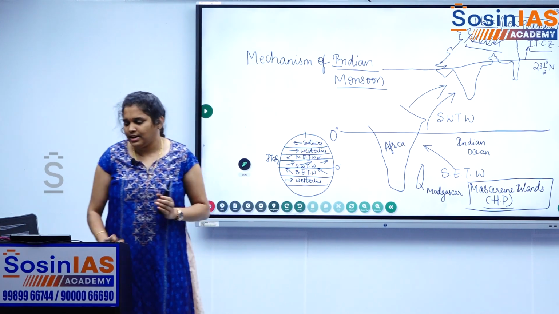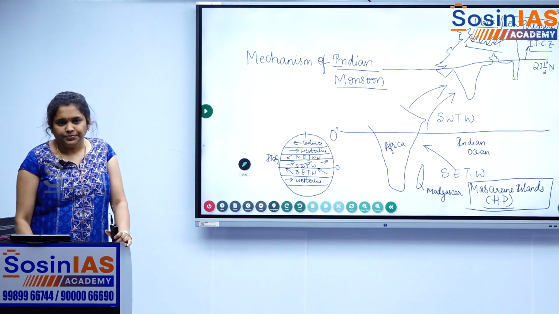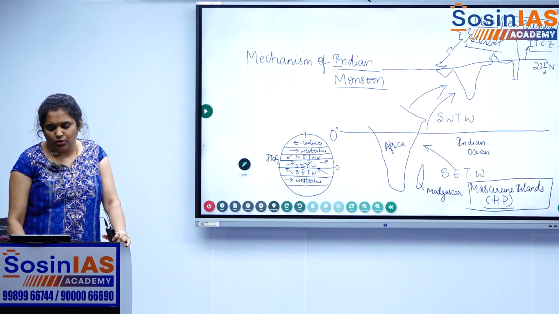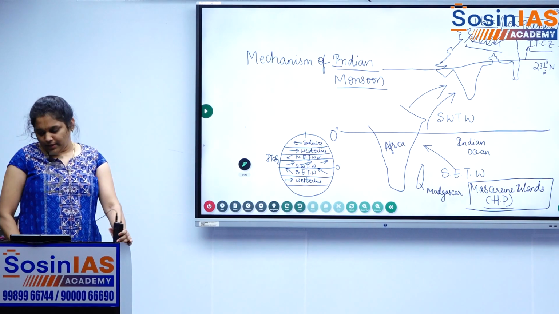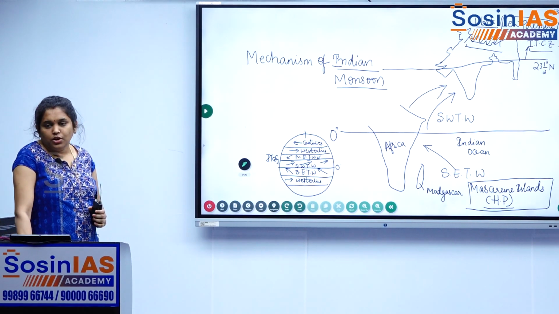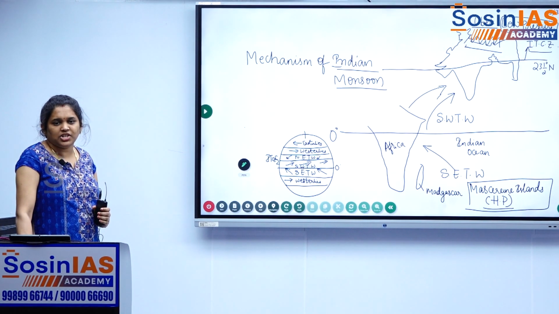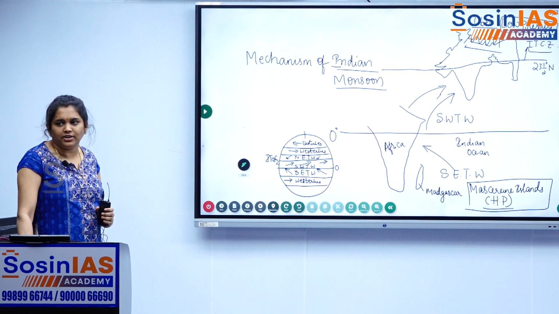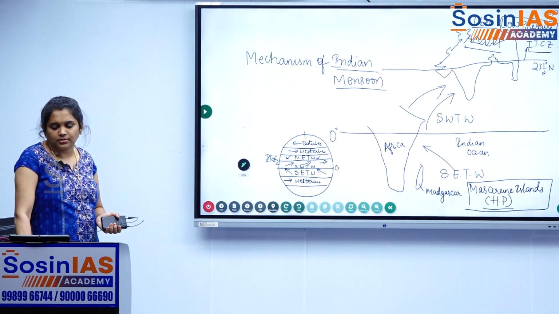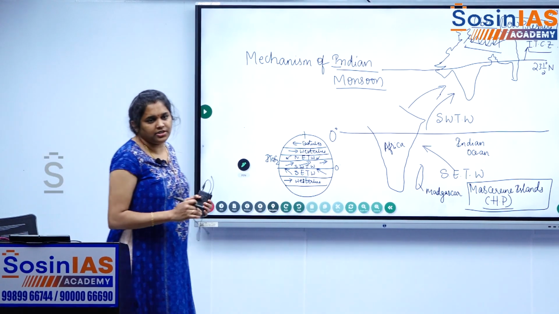Now put a side heading: Tibetan low pressure. During summer season, insolation is vertical in the tropical regions.